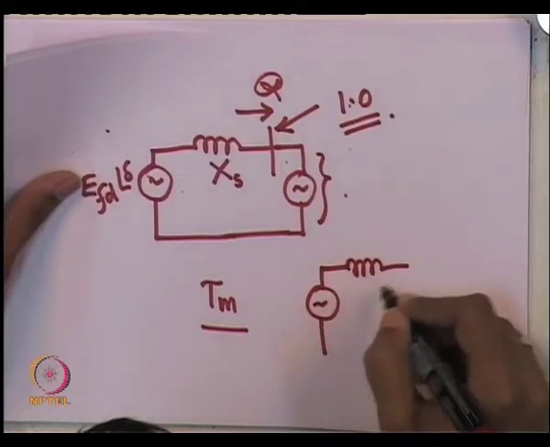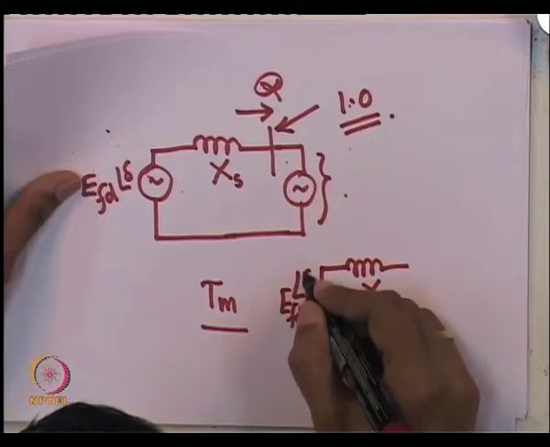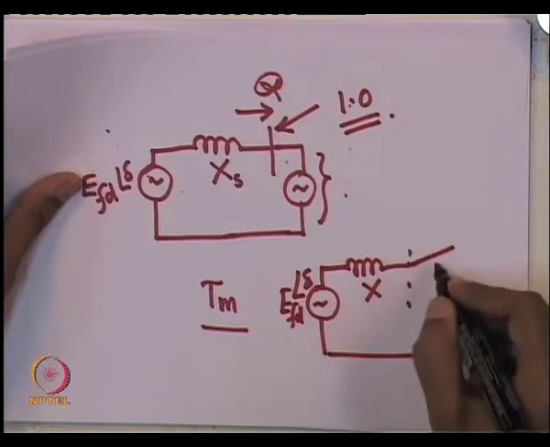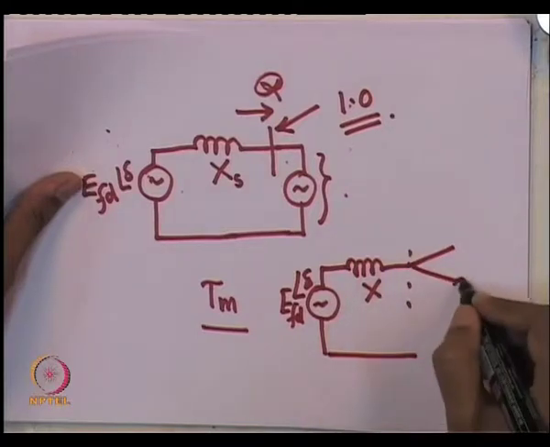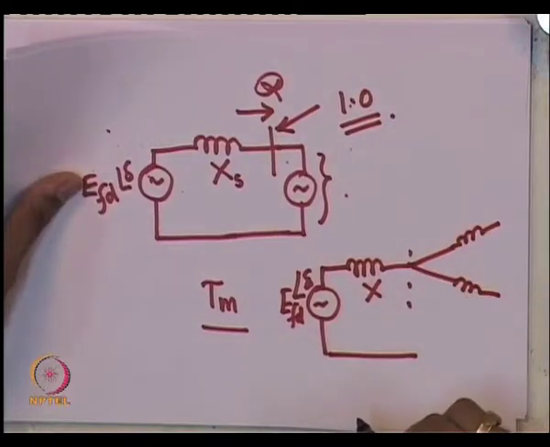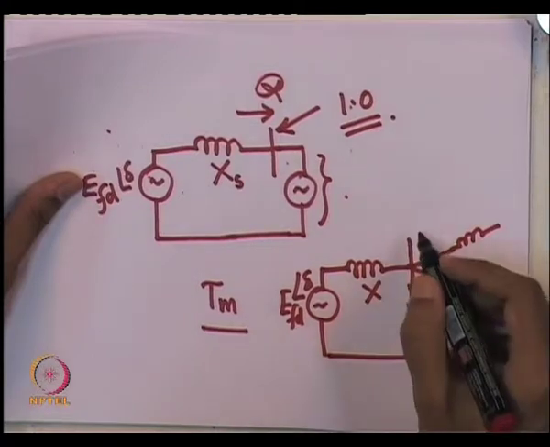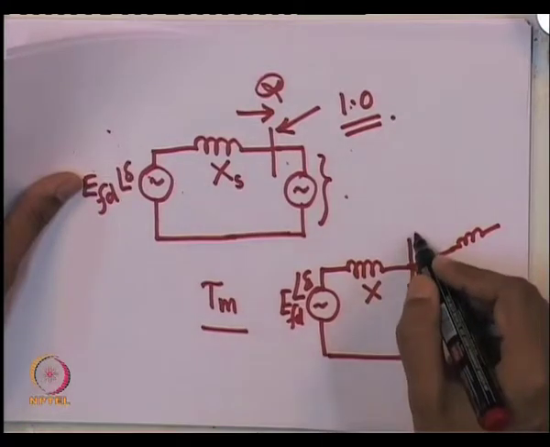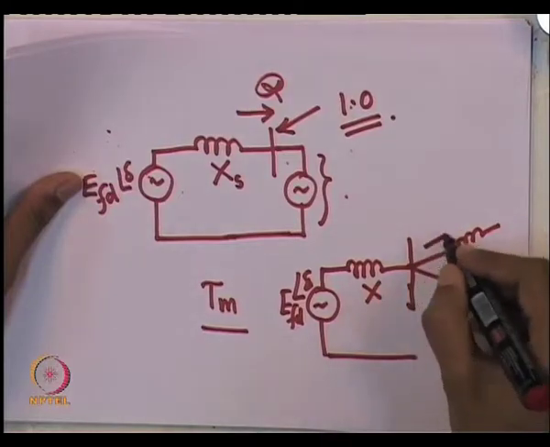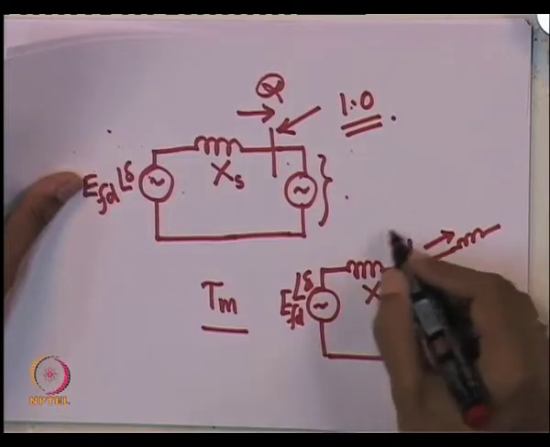The correct way of representing the rest of the system could be, this is at an angle delta, the rest of the network. The rest of the network again consists of transmission lines, etc. A simplified model of that could be inductances, etc. So, if I change the magnitude of the terminal voltage, effectively the reactive power output of the machine will change.